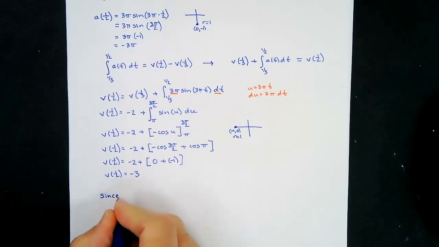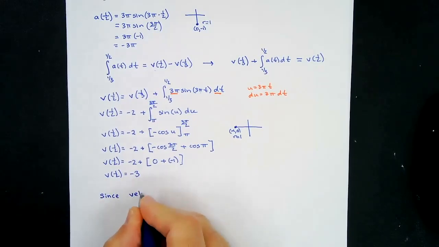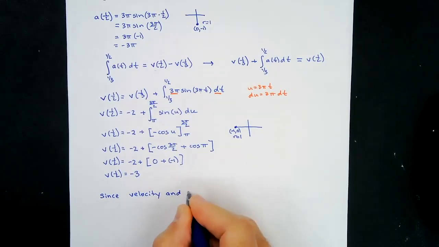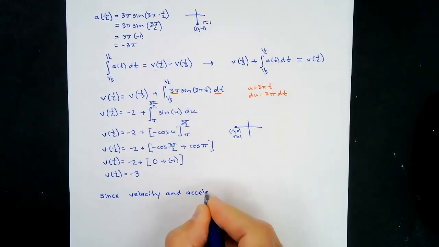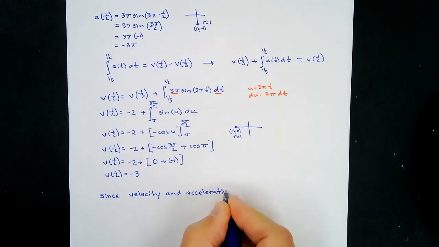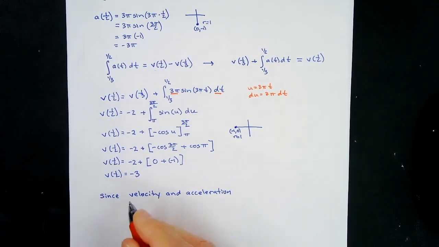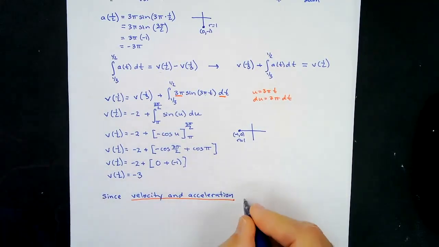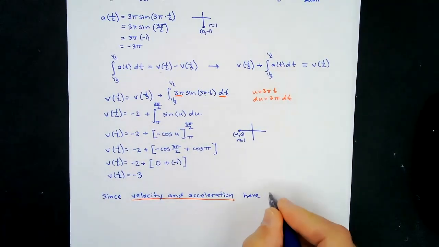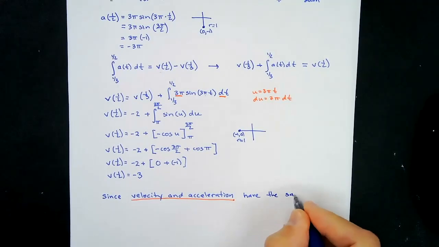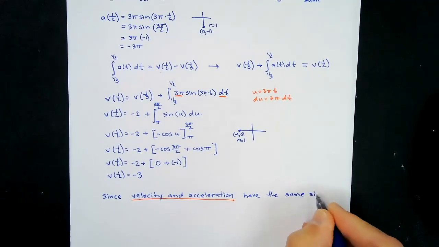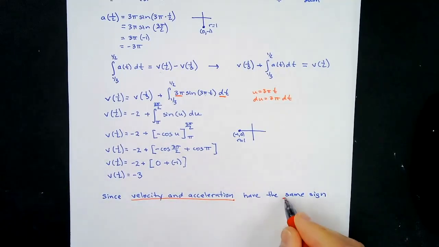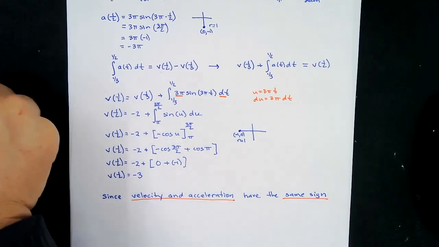So since velocity and acceleration, all right, I'm going to underline that. So since velocity and acceleration have the same sign, and that's going to be important that they have the same sign.